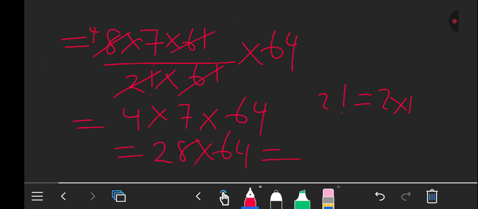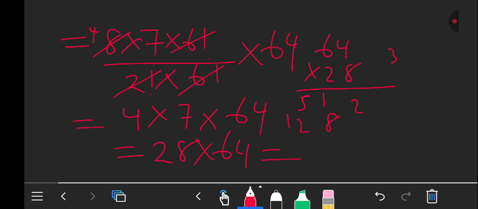So let's work it out here. So 64 multiplied by 28. 8 by 4 by 8, that is 32. So 2 remainder 3. 6 times 8, that is 48 plus 3. That should be 51. 2 times 4, that is 8. 2 times 6, that is 12.